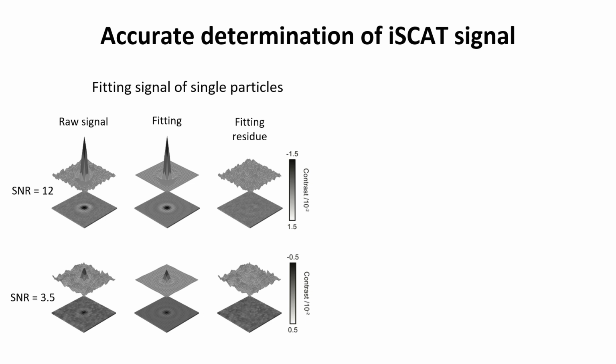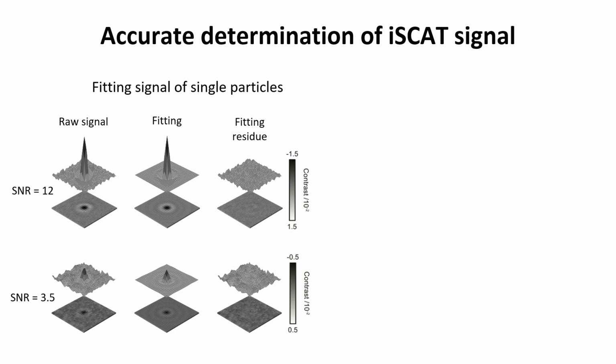As I told you, we fit the maximum signal, and here is an example of the accuracy of our fitting protocol, where you can see both a high signal-to-noise of 12 and a small signal-to-noise of 3.5. The raw signal and the fit match quite nicely, and the residual is within the fluctuations of the image.